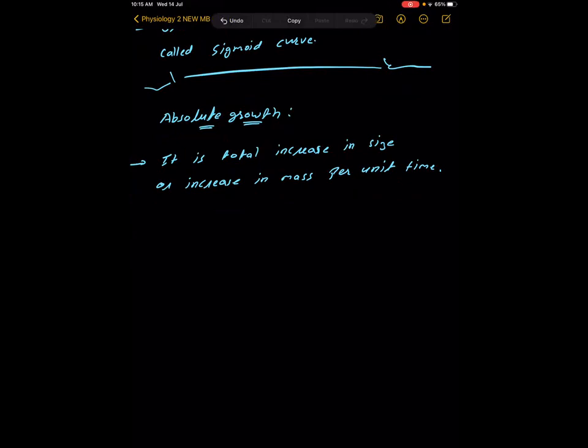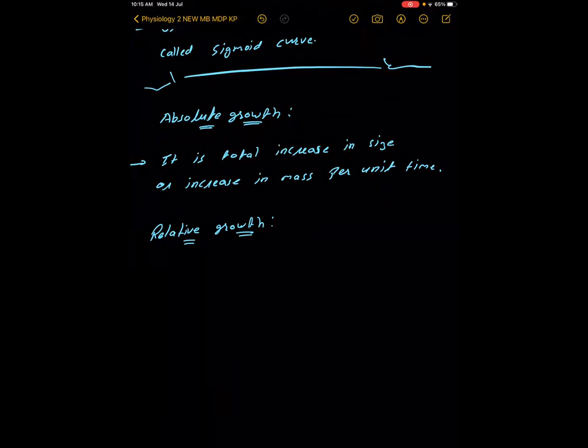Second is relative growth. What is relative growth? Relative growth means the growth per unit time, per unit parameter of growth. What is a parameter? Suppose length or width, or the area. These are the parameters. So absolute growth is just total, overall growth in the plant in a given time.